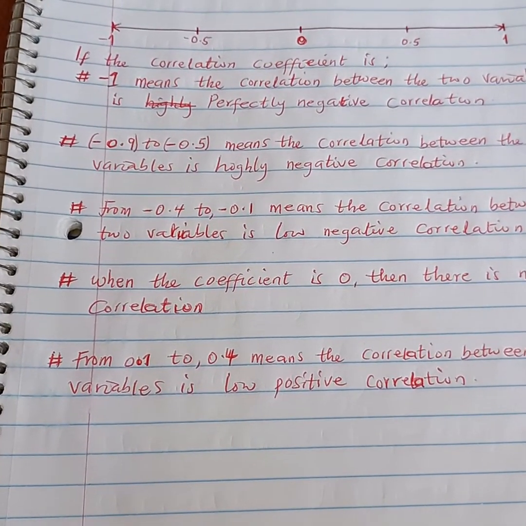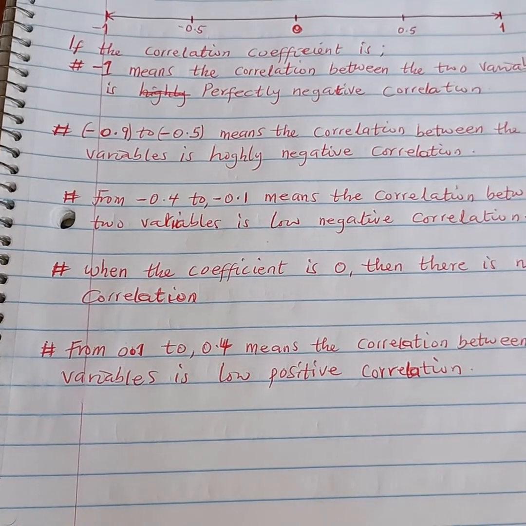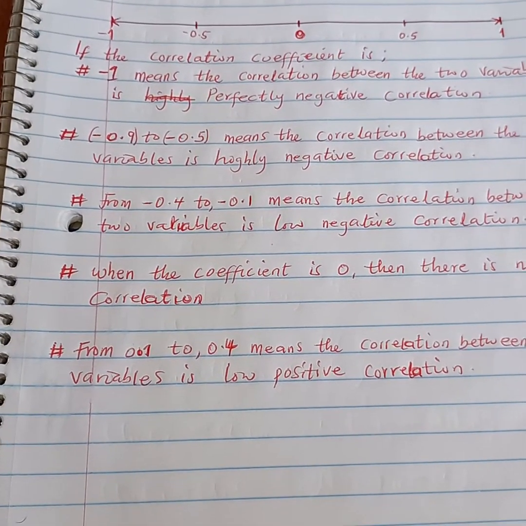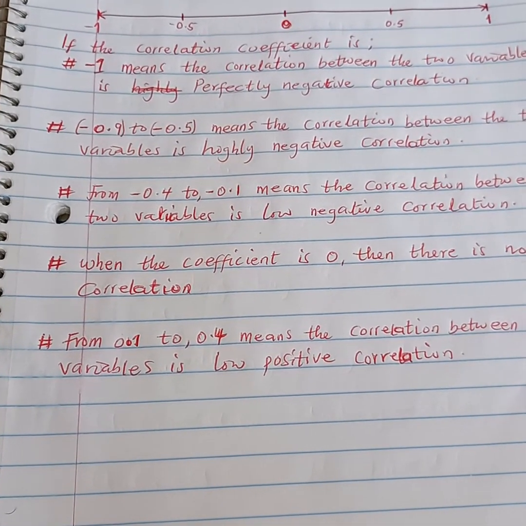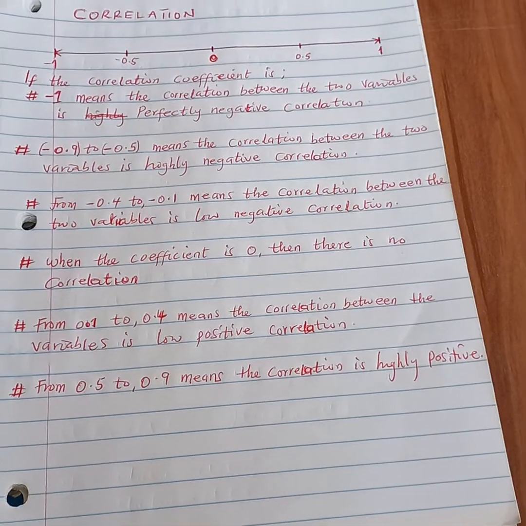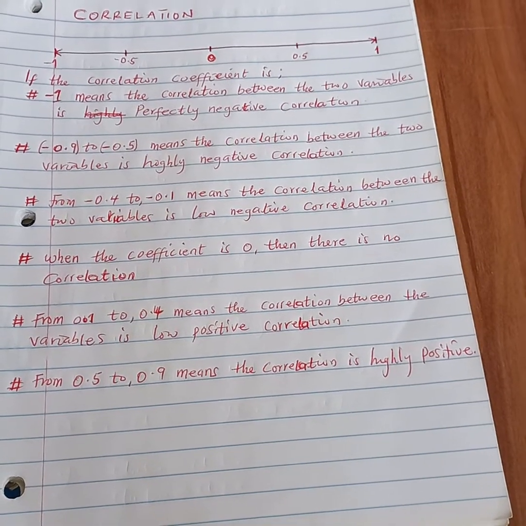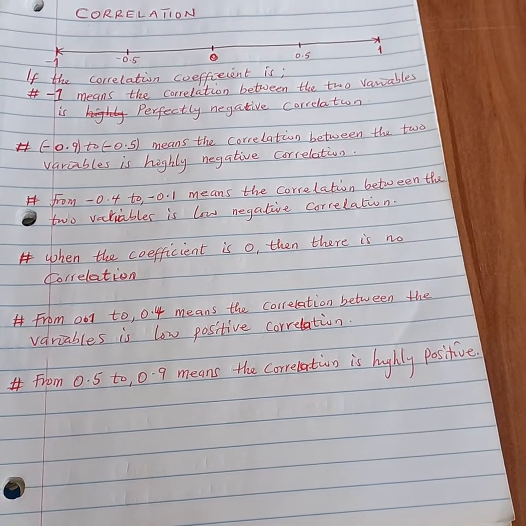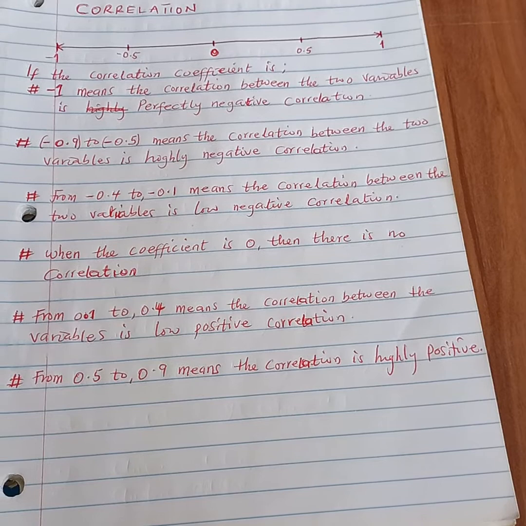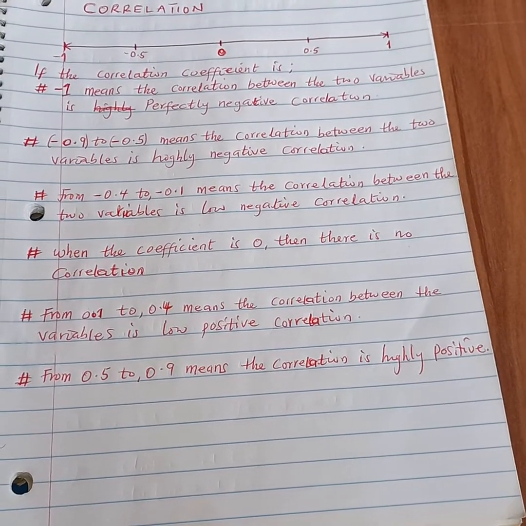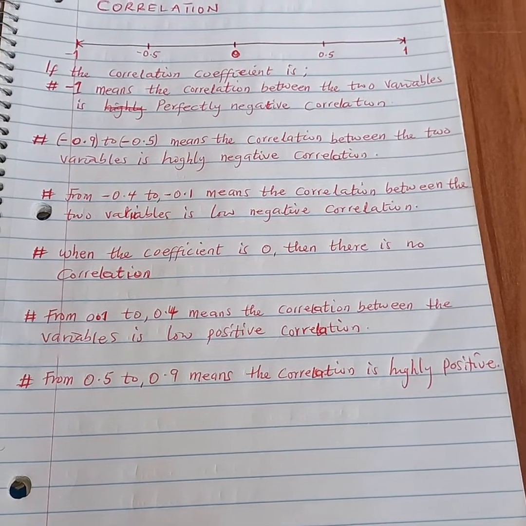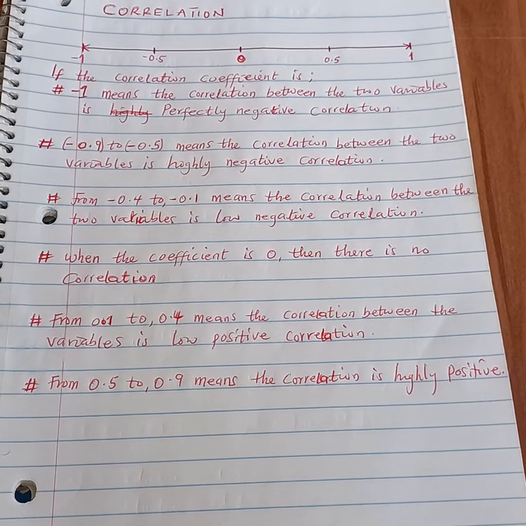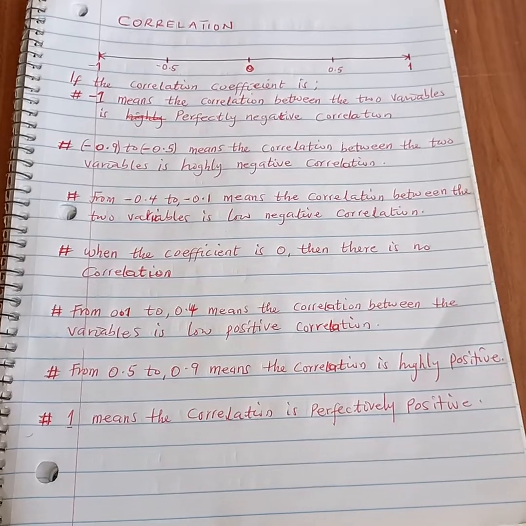Now let's look at from 0.5 to 0.9. It follows the same trend as negative. The other rule is also saying that from 0.5 to 0.9 means the correlation is highly positive.